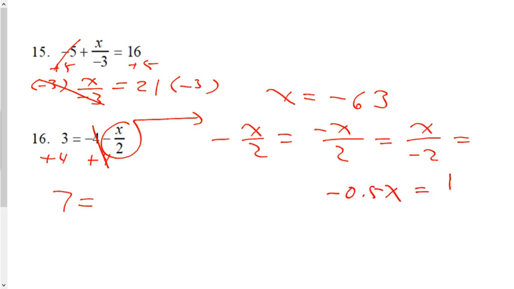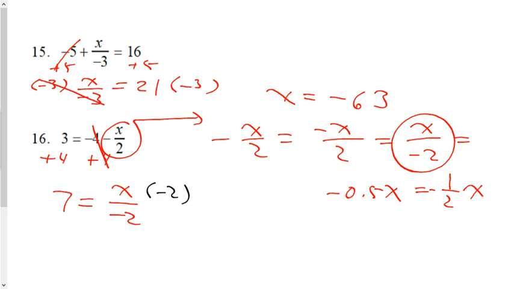But given the fact that all 5 of those are the same thing, I am going to choose this one to write. The reason I'm choosing that one is because I'm now going to multiply both sides by negative 2, and I'm used to seeing it that way. And I get my solution of x equals negative 14.